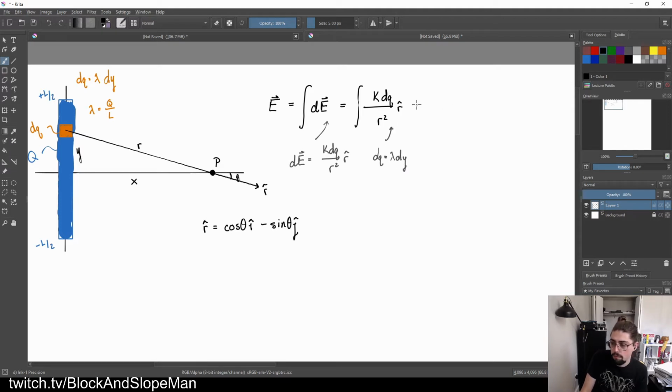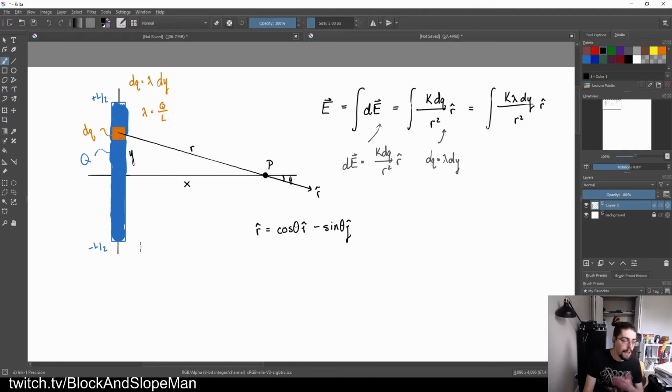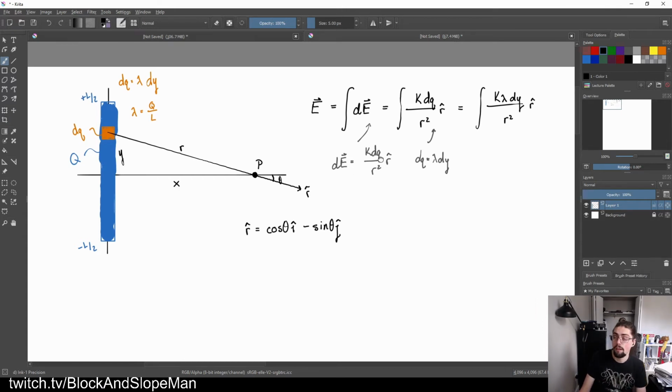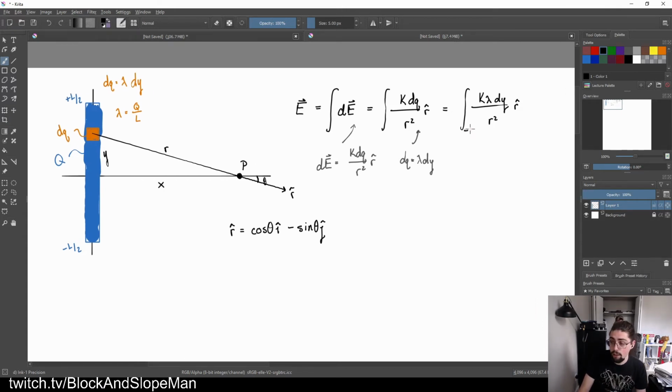Now what do we get? k lambda dy over r squared r hat. I do know how to integrate dy, because if I look at my picture again, I can say, okay, well, the bounds of dy, I'm going from negative L over 2 all the way up to positive L over 2. This is something that I can do. I can set some bounds on this thing, and I could do this integral. So that's a good sign, right?